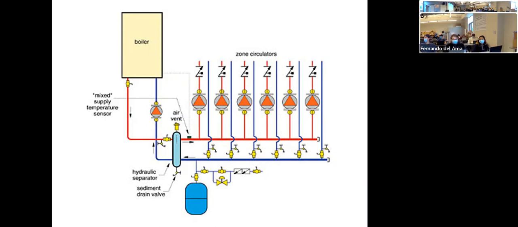And then if we have a very big building, we can have different circuits for the first floor, different circuits for the second floor. So what's the name of this? The name of this is a manifold. Okay.